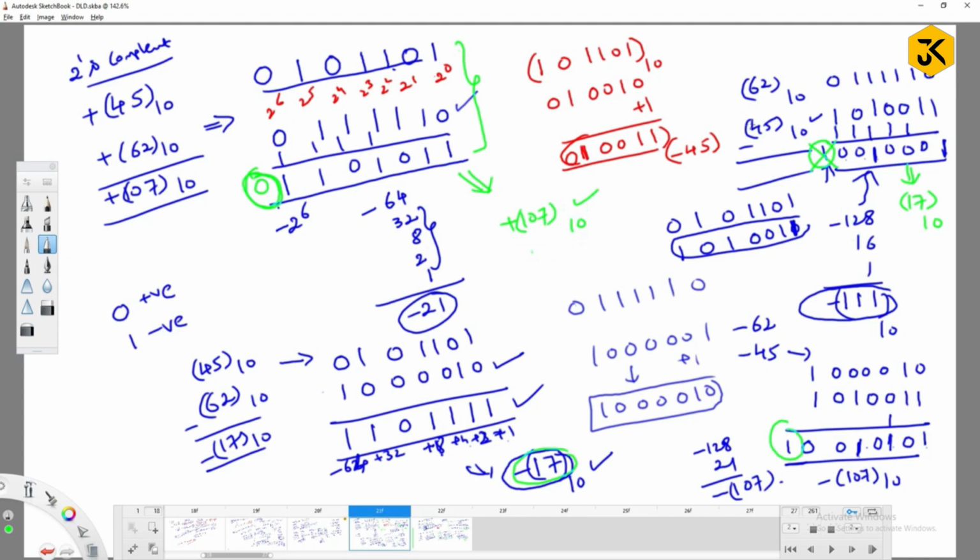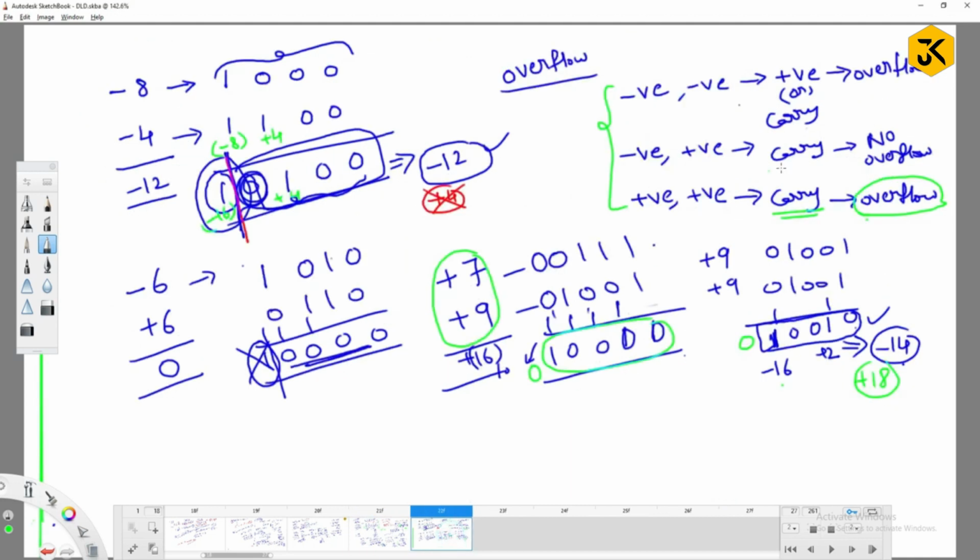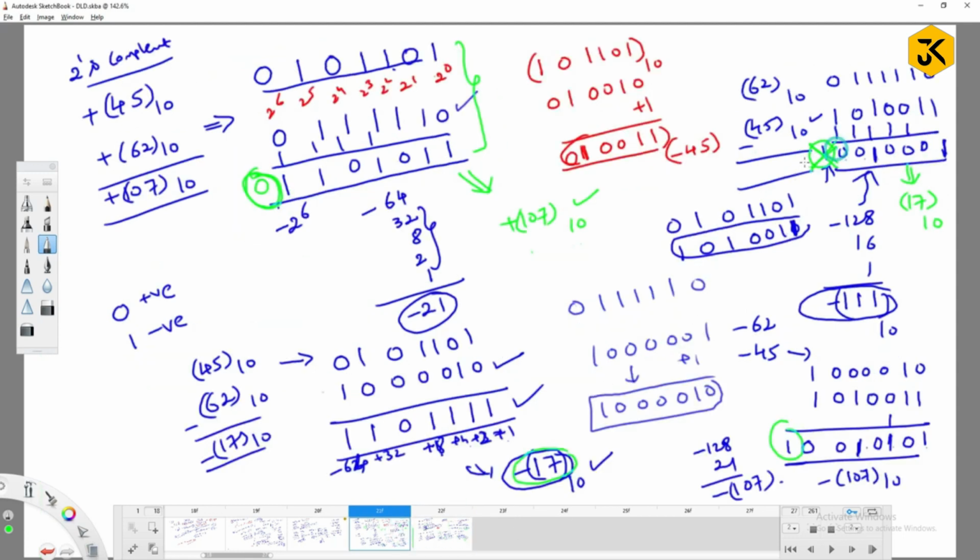Right? So when you are trying to perform one positive and one negative, what is the rule I have defined? When there is a carry, you have to say that there is no overflow, meaning that the extra generated bit should be discarded. Right here, you are trying to add plus 45 and minus 65, minus 62. There is no carry, so you have to go with the normal procedure.